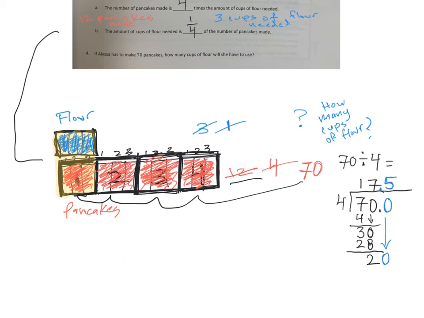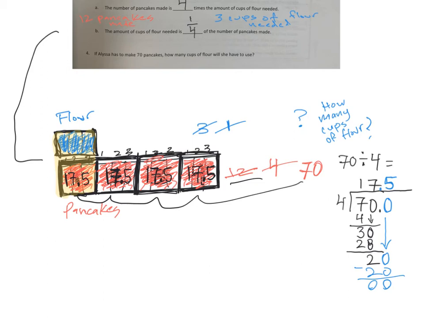So we can put 5 here, and we know that 4 times 5 is equal to 20, and we minus that out, and we got 0. So we have 17.5 is going to belong in each box. So we got 17.5 in each box.